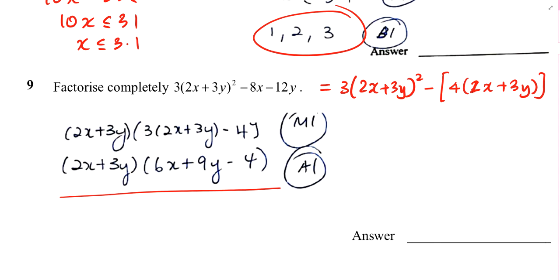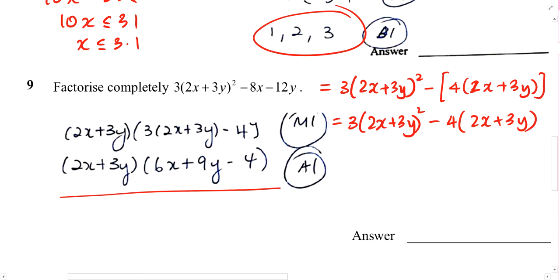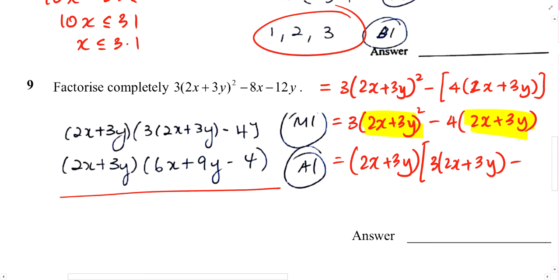It's actually 2 sets combined into 1. Now this is equal to 3 times (2x plus 3y) squared minus 4 times (2x plus 3y). Right? Then you see a common factor, 2x plus 3y. Take them out, to give us (2x plus 3y) open bracket, 3 times (2x plus 3y) minus 4. There you get this answer.